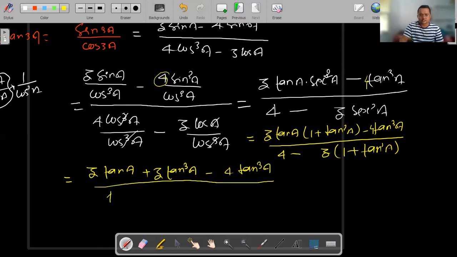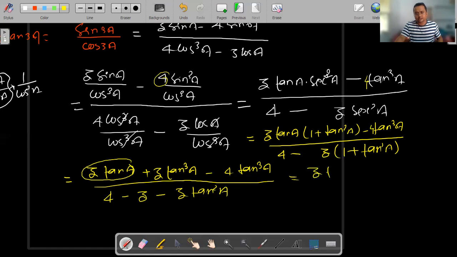Okay. Now simplify this in the denominator. 4 minus 3 minus 3 tan square A. Is this clear now? Okay. Now see 3 tan A, 3 tan A and 3 tan cube A minus 4 tan cube A. Then what we are getting?